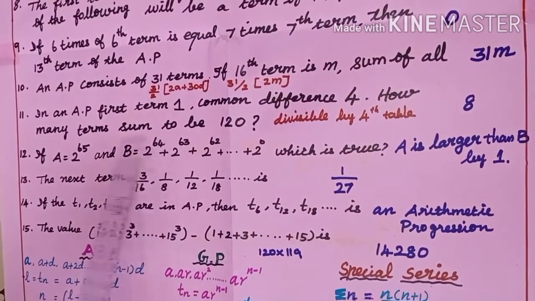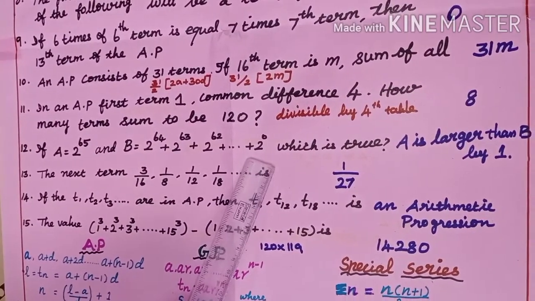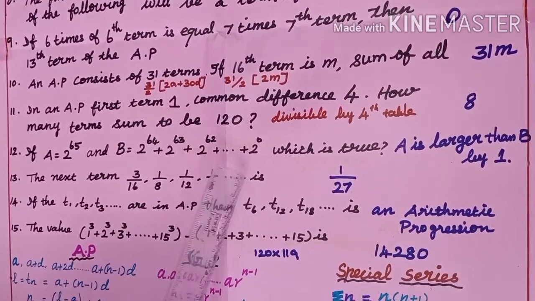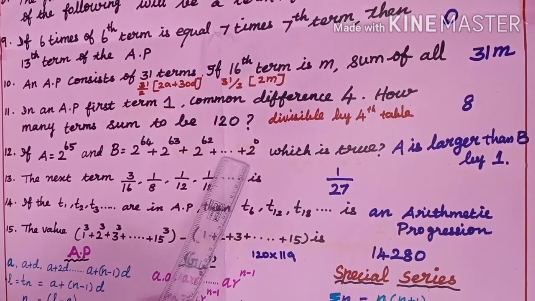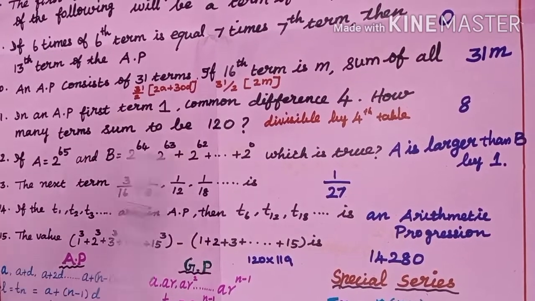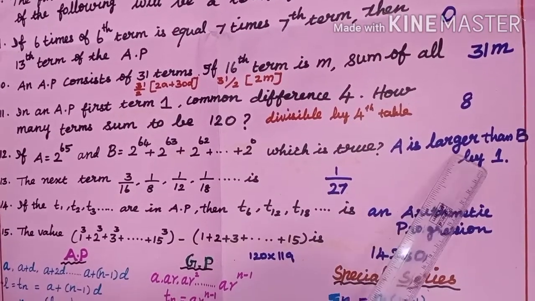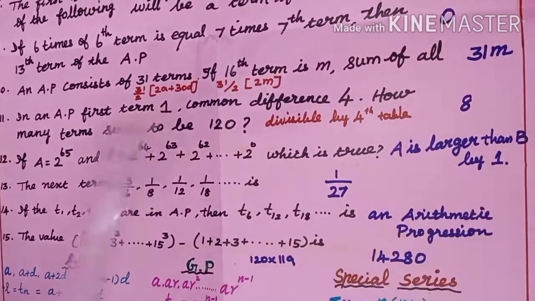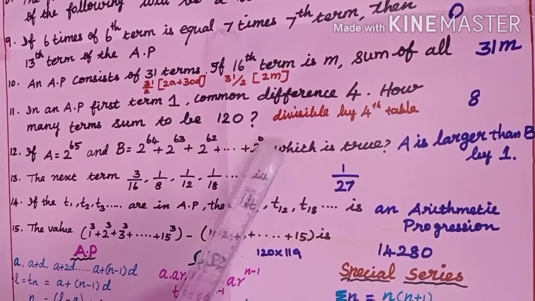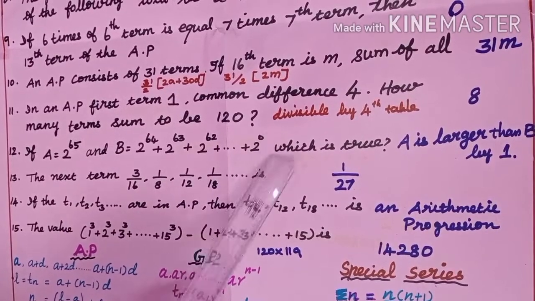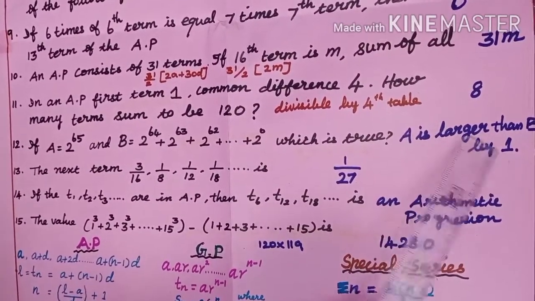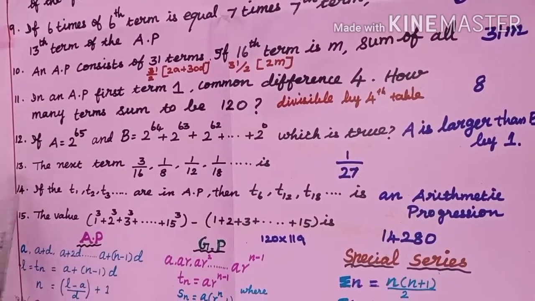Here also 65 terms, but one is less, so B is less by 1. So A is greater by 1. What is your correct answer? A is larger than B by 1. Since 2 power 0 is 1, your answer is A is larger than B by 1.